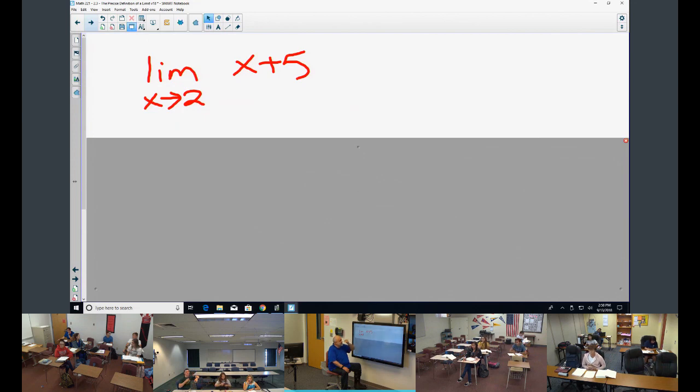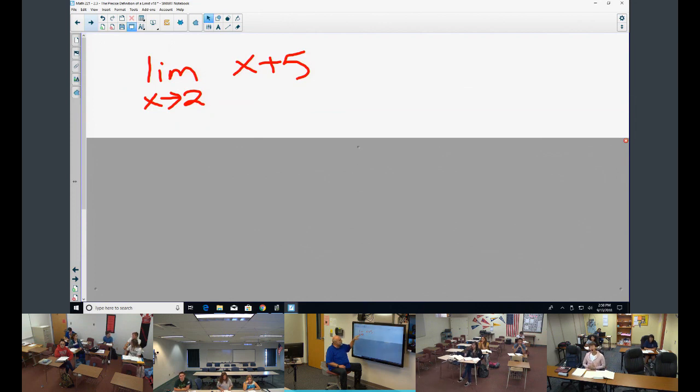So how does this relate to limits? Well, the idea is that when we're calculating a limit, we're just plugging in values that approach 2. Theoretically, we're not even interested in what happens at 2. Now, I know that's not how we do it, but the idea is that x approaches 2. And so if you put in like 1.9, then this will approach 6.9.